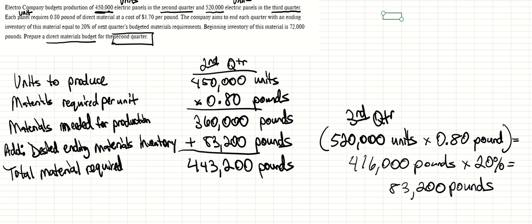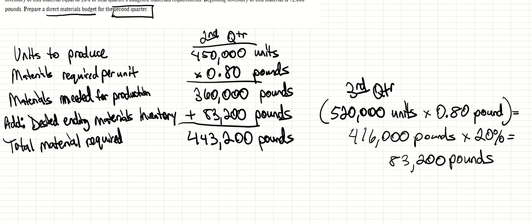Now, the next thing we need to do is include what's already in the inventory account, specifically the direct materials inventory account, because the company currently has some pounds in the inventory account, so they want to consider that as well.